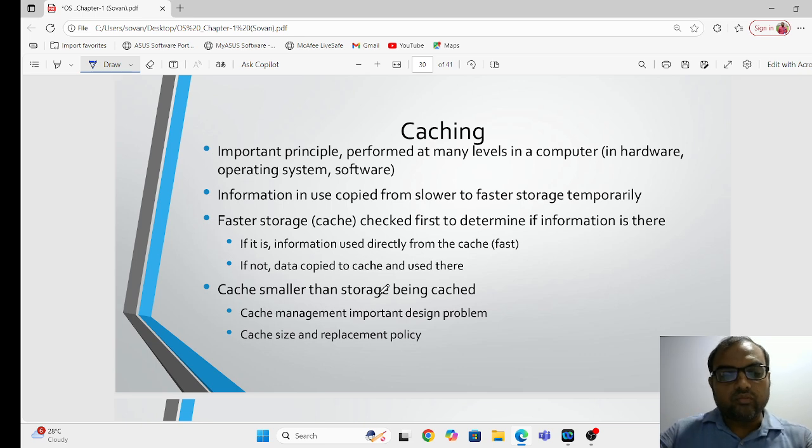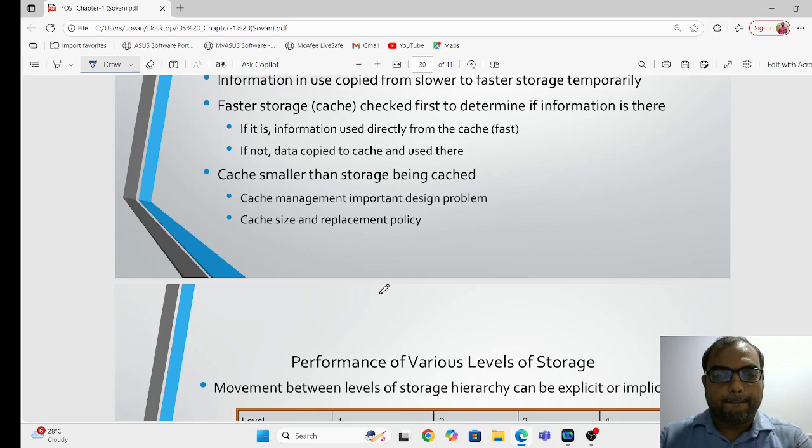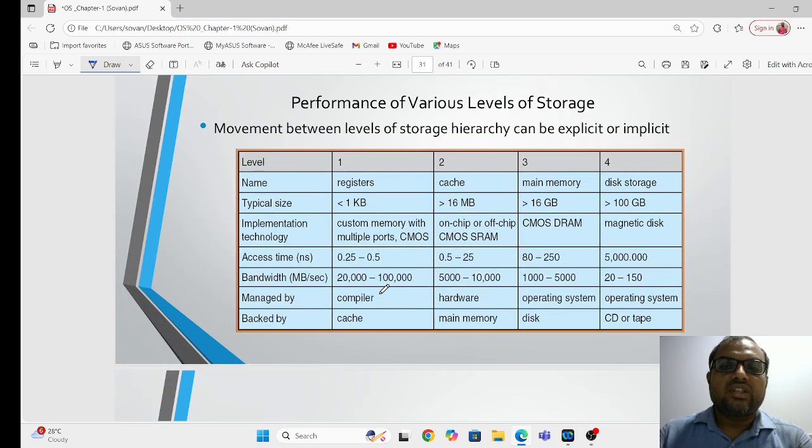This shows the different levels of memory management: register, cache memory, main memory, and disk, along with their size, the technology used for these devices, access times, and bandwidth, and how each is managed. So you can check all these things.